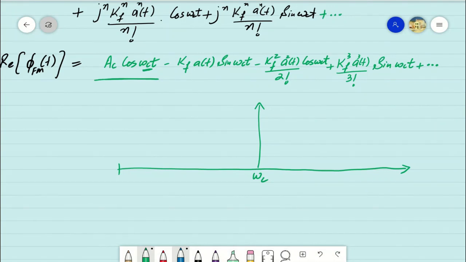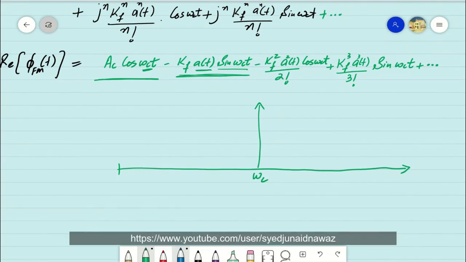Now if we carefully analyze the second part of this expression, that is some representation of the information signal being multiplied by a sinusoid. Multiplication with a sinusoid represents frequency shifting in the frequency domain. For example, A of t is some representation of the information signal.